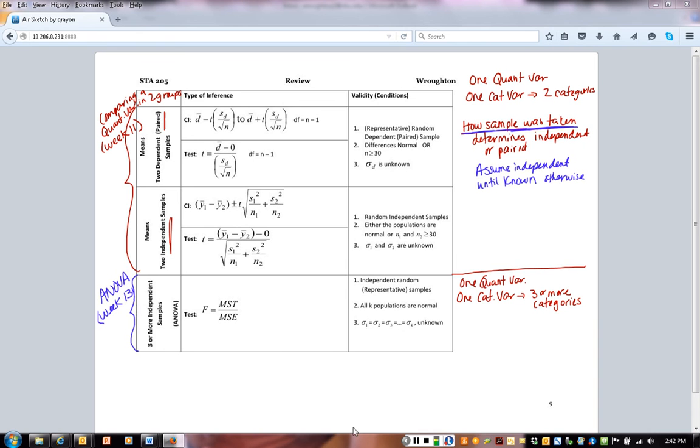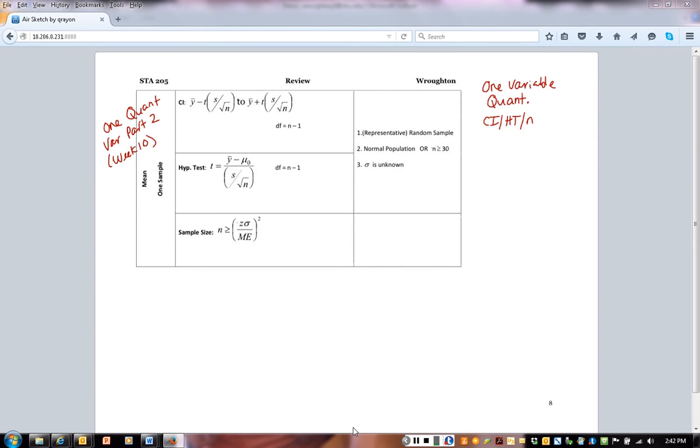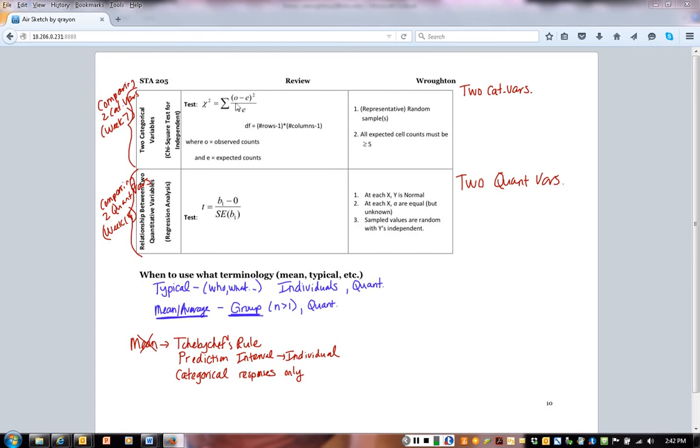But I never want to use the word mean when I'm solely working on categorical data. It's like when I'm working with this proportion stuff, the word mean should not be showing up there at all. Or when I'm doing the very last, the 2 categorical variables, the word mean isn't showing up there either.